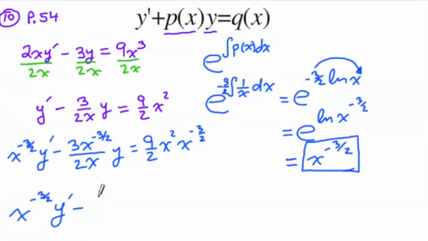minus, let's see here, if I bring the x up, that would be negative 2 halves, which would make it negative 5 halves. So this will be 3 halves x to the negative 5 halves y is equal to 9 halves. A little common denominator, this would be 4 halves minus 3 halves, which leaves a half.